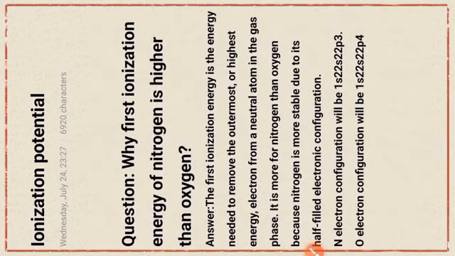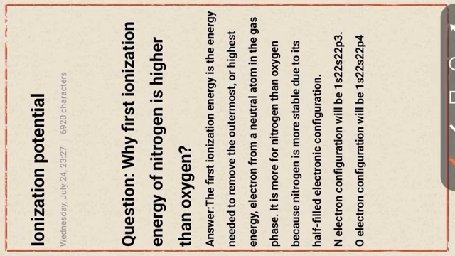Next question: why is the first ionization energy of nitrogen higher than that of oxygen? First ionization energy is the energy needed to remove the outermost, or highest energy, electron from a neutral atom in the gaseous phase.